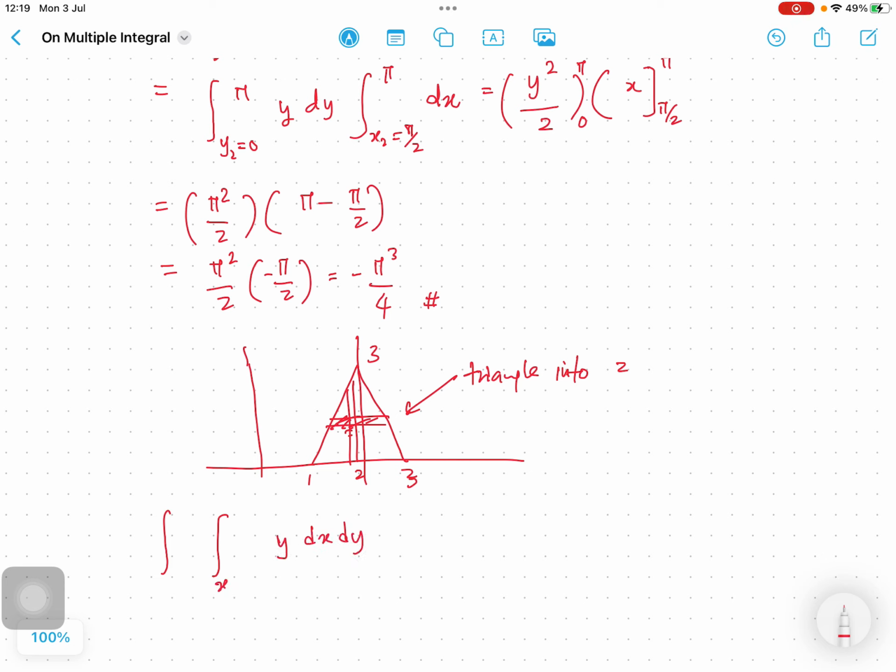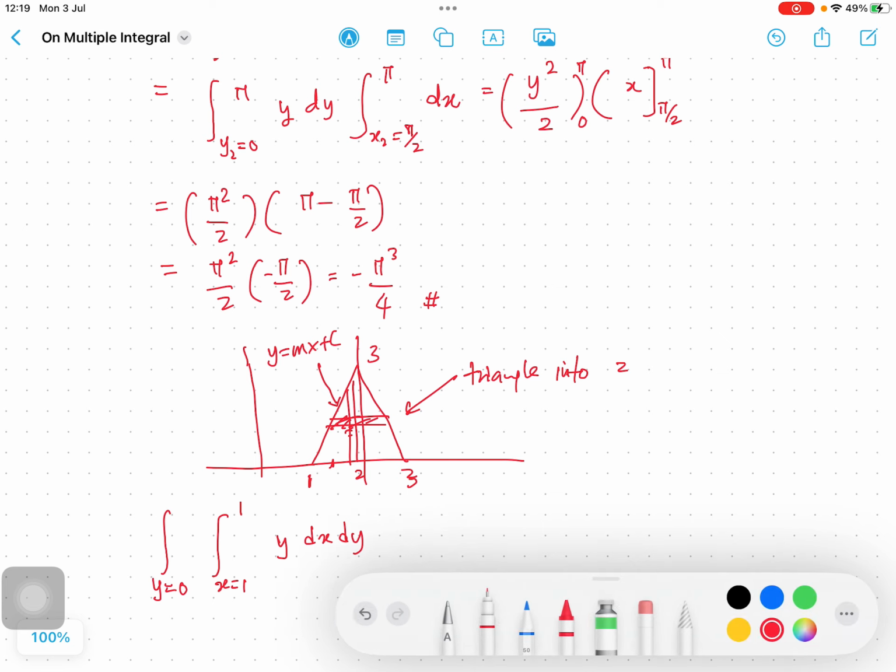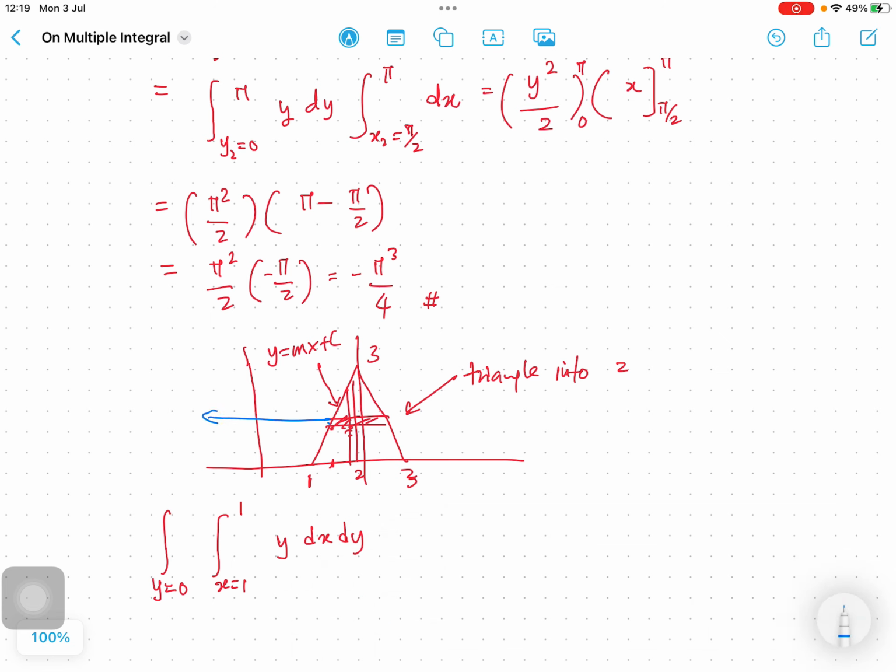So your x over here is from 1 to 2. But your y is a little bit tricky. Your y starts from here, from 0 to, you have to know this y = mx + c. You have to find the equation of the line.